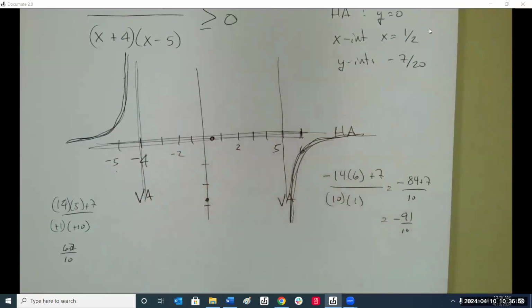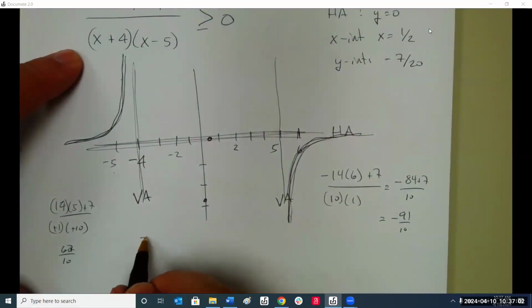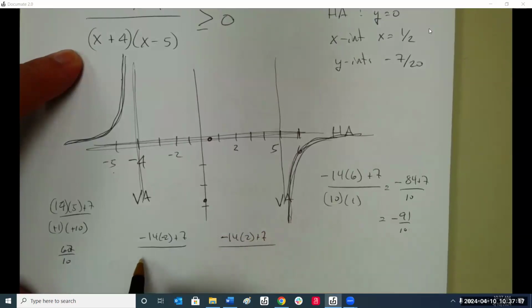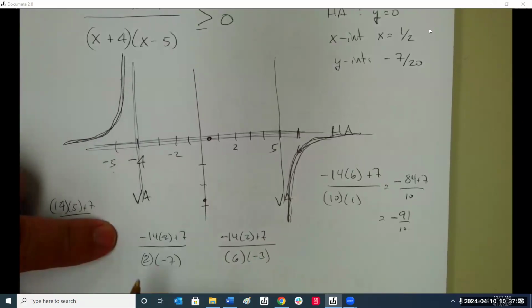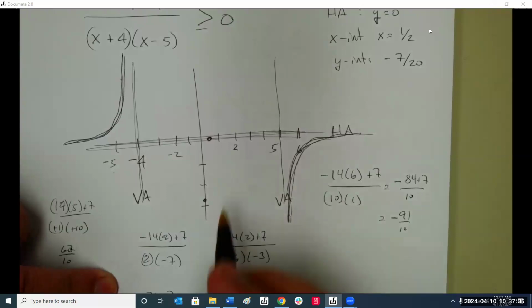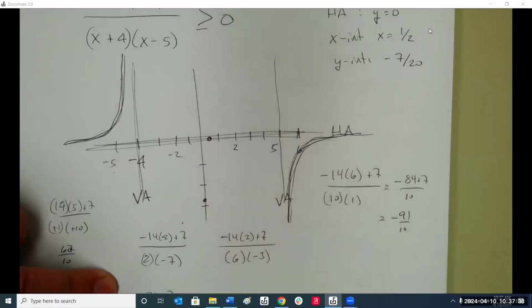Let's try negative 2 and 2. So negative 2. Negative 14 times positive 2. So it's 2, negative 7. 6, negative 3. 28 plus 7 over negative 14. It's going to be a negative number. 35, negative 35 over 14.